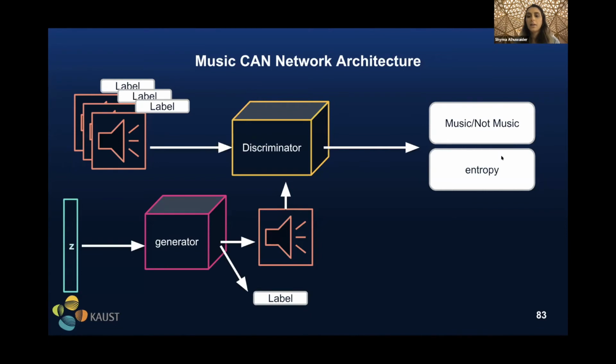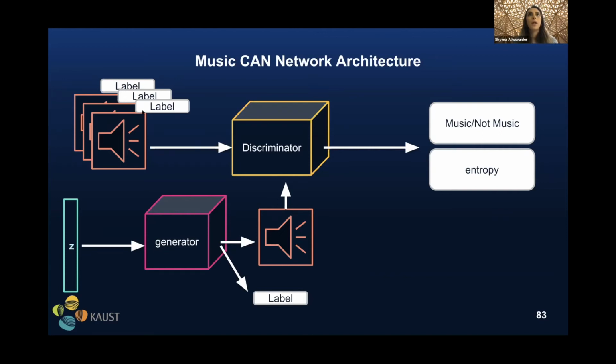And then there's another loss that we're looking at, which is the entropy, where we're trying to make our network creative. What we're trying to do here is classify the musical piece and look at whether it fits into one or more labels.